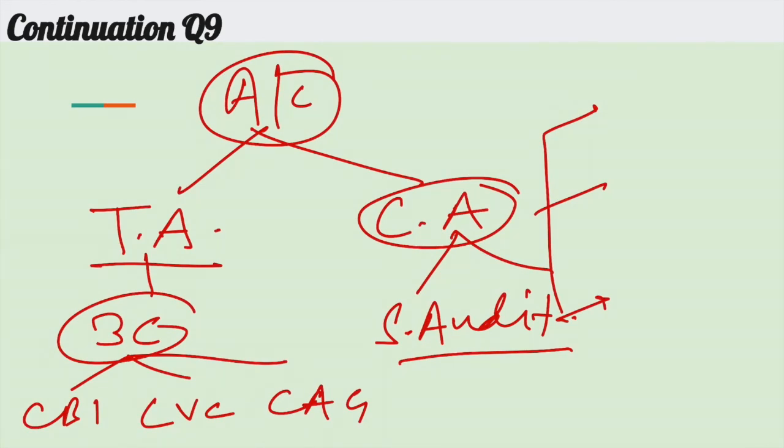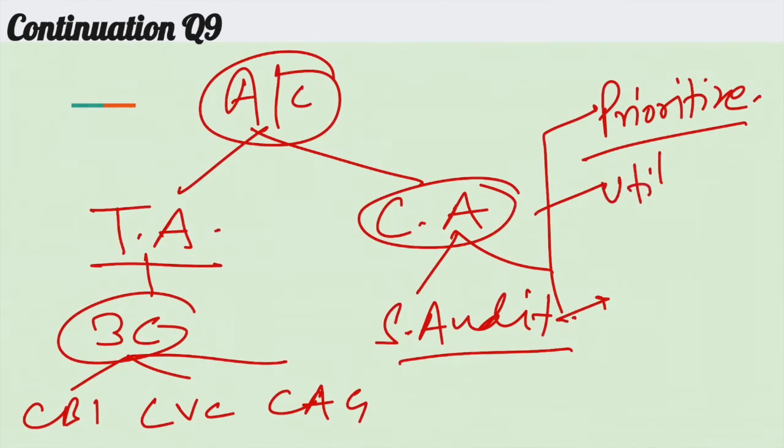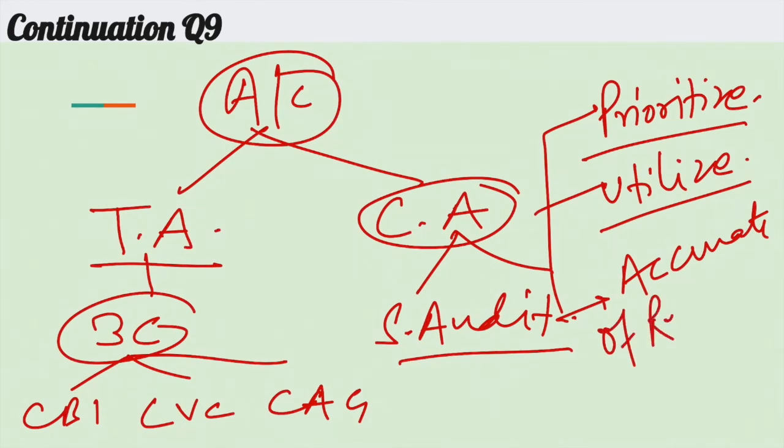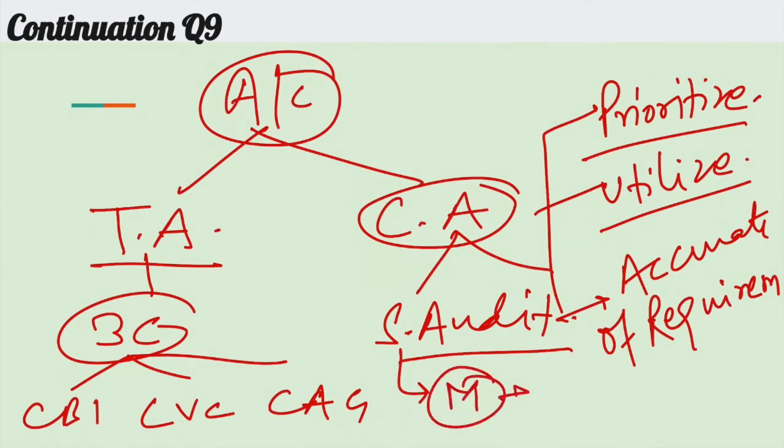Understood? So now what is social audit? Social audit is basically, whatever projects the government is planning for the beneficiaries, the beneficiary will decide how to prioritize the projects, and they will also go into how we can utilize the government fund effectively. Then they will also identify the requirement, that is called accurate identification of requirement.